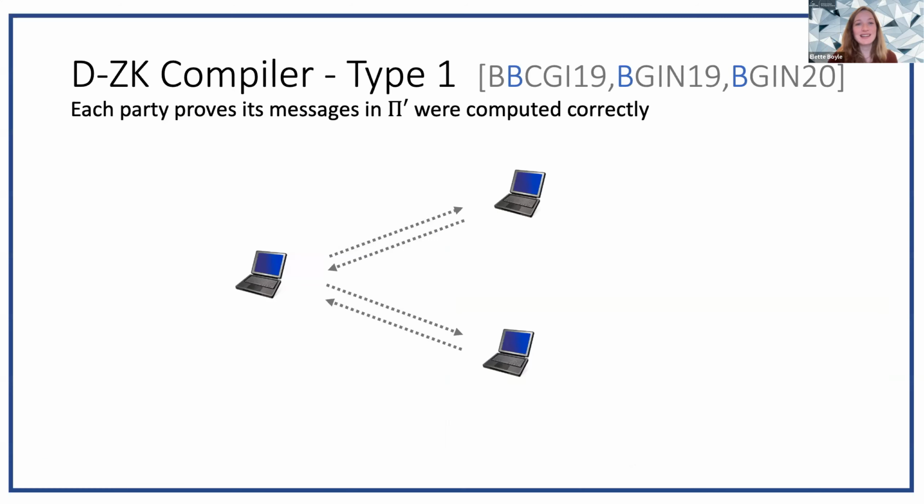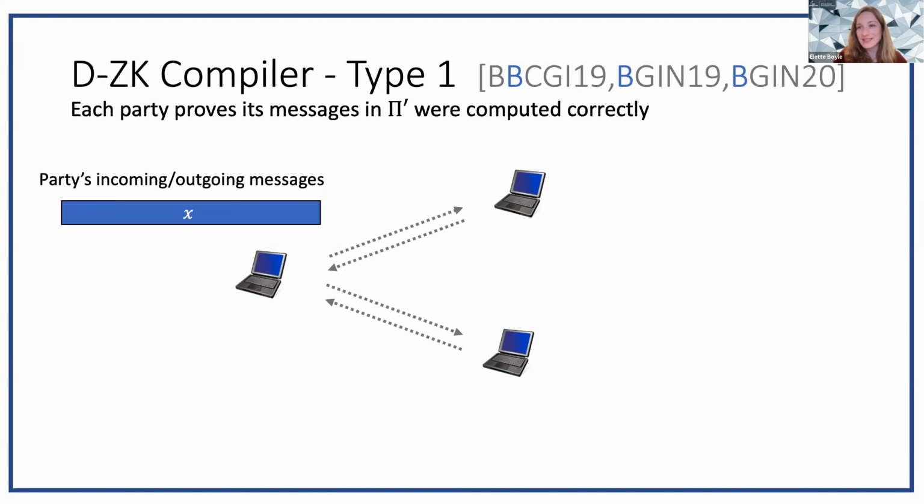The first, which I refer to as type 1, is that at the conclusion of pi prime, each party will act as prover in one of these zero knowledge proofs on distributed data protocols. And it will prove to the other parties, who act as verifiers, that it performed its messages in pi prime correctly.